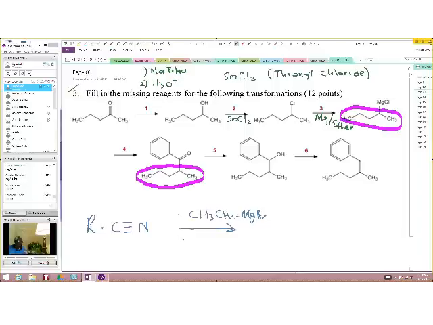Step 1, and then you follow that up with hydronium ion, step 2. What this Grignard reagent will do is to convert this carbon here to the carbonyl of a ketone, and then this methyl group will be added to this carbon. Of course, we are going to lose nitrogen here. So this is the product.